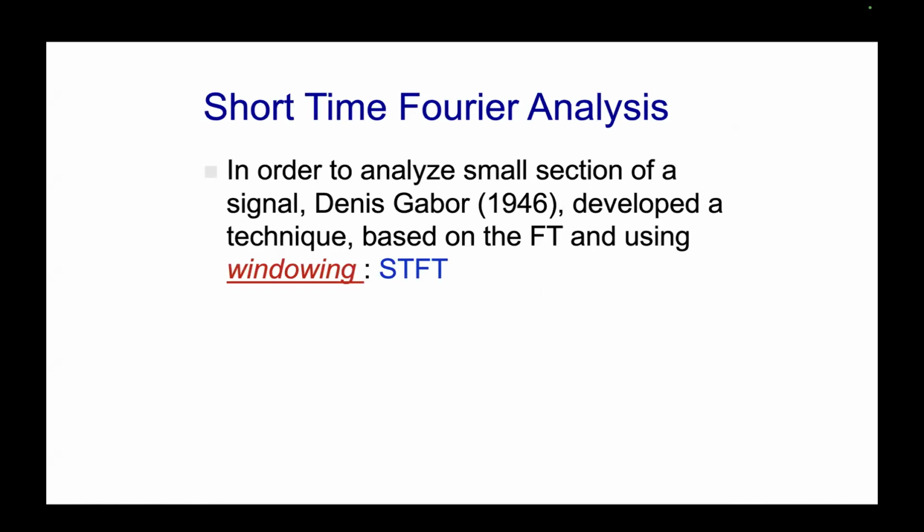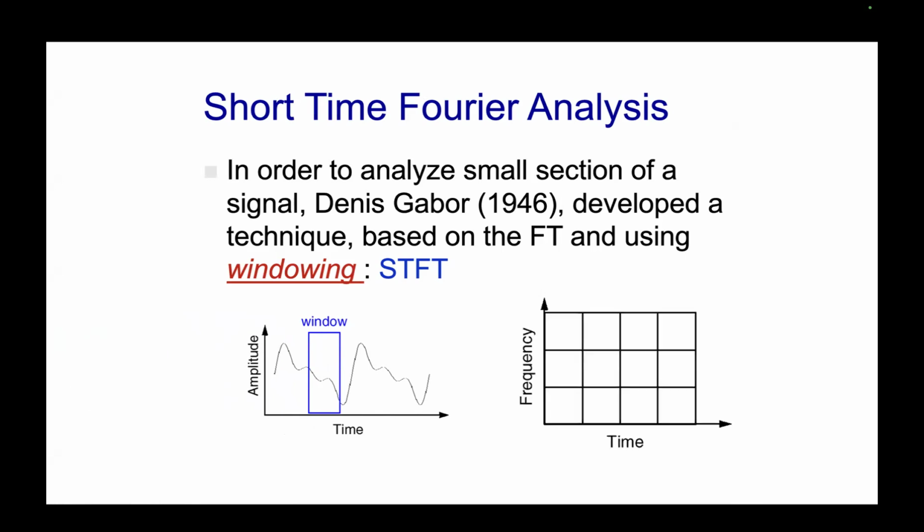So a very logical solution to this is short-time Fourier transform or short-time Fourier analysis, which is also called Gabor transform. In short-time Fourier transform, what we do is we divide our time domain signal into smaller windows or segments. And then we take the Fourier transform of each segment separately.